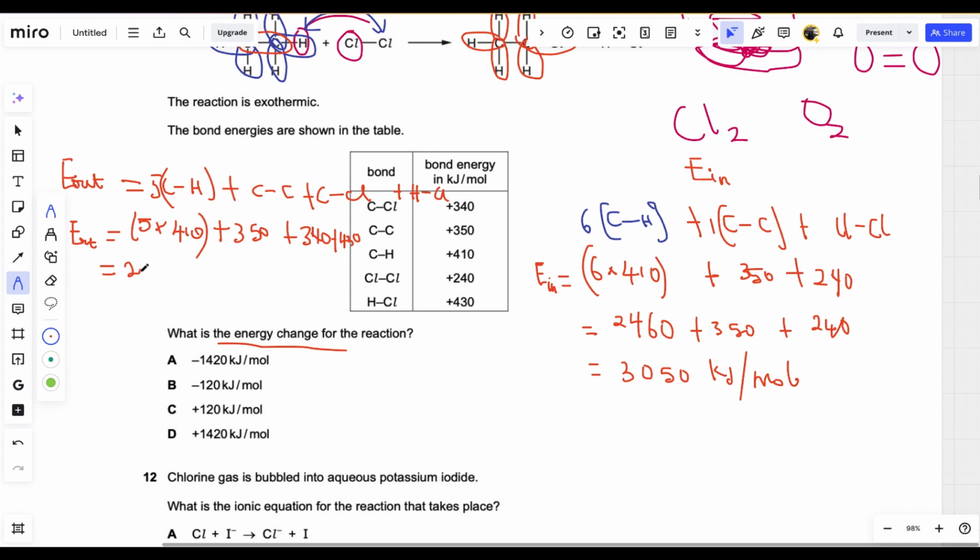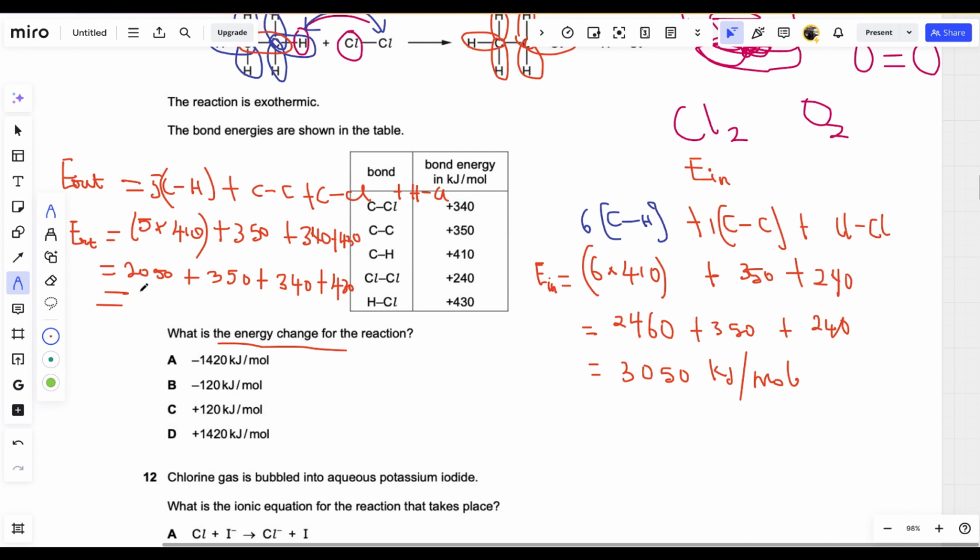We get 2050 plus 350 plus 340 plus 430 plus 350 plus 340 plus 340 plus 430, and let's see what we get as our energy out. We get 3,170.